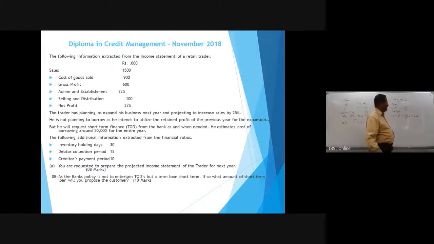In other words, inventory holding 30 days, debtors 15 days, 45, and payment to creditors 10 days. So the cash cycle is 35 days. To convert stock into cash, it takes 35 days. Stock and debtors, the entire cash cycle takes 35 days.